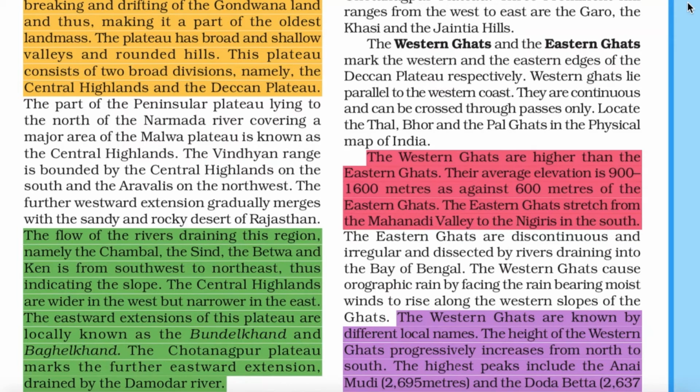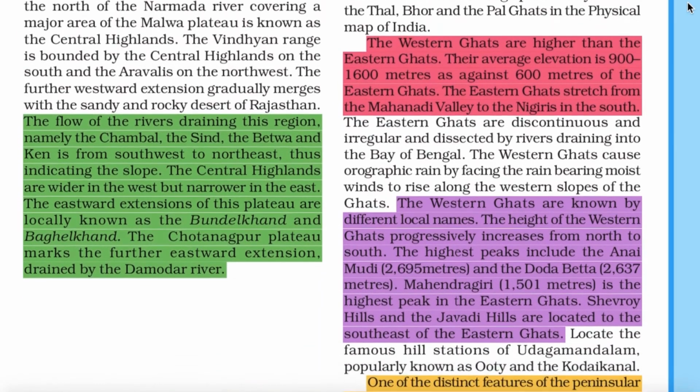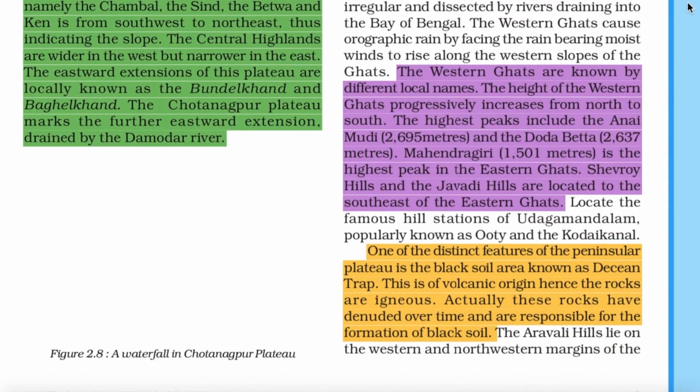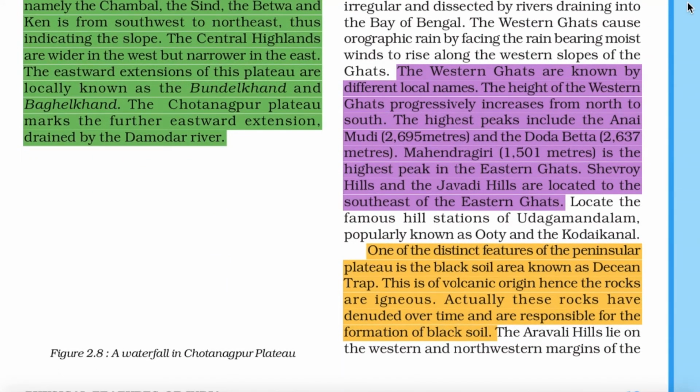The Western Ghats cause orographic rain by forcing the rain-bearing moist winds to rise along the western slopes of the Ghats. The Western Ghats are known by different local names. The height of the Western Ghats progressively increases from north to south.